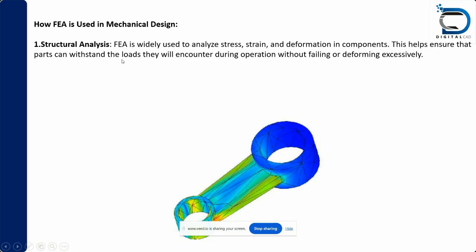This helps ensure that parts can withstand the loads they will encounter during operation without failing or deforming excessively. On this part, if I apply a specific load using FEA, you can see these lines are interconnected, which we call the nodes. From the displacement we can understand how much stress, strain, or deformation happens in this particular object.